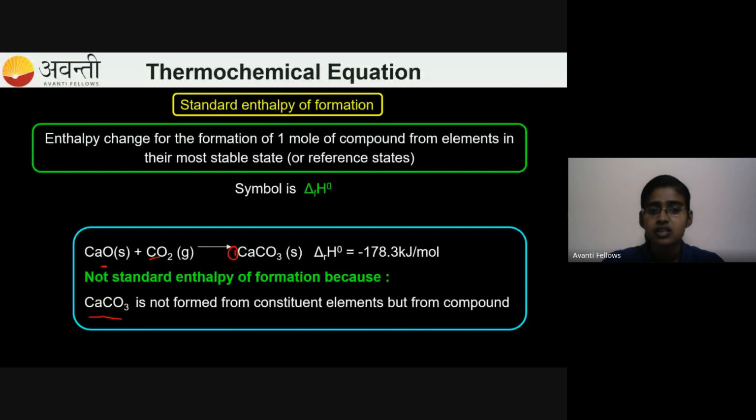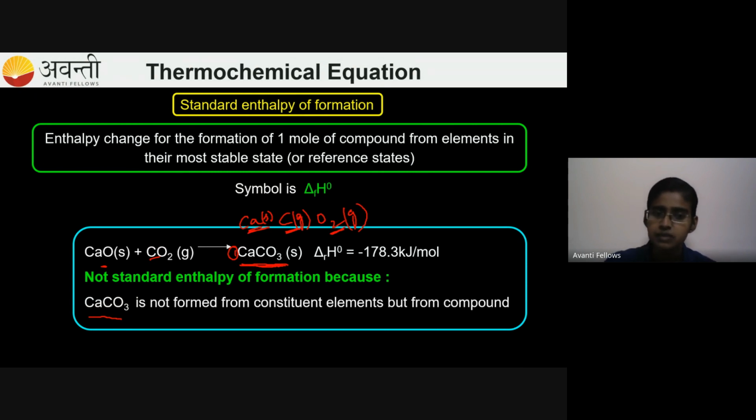The constituent elements present in calcium carbonate are calcium, carbon, and oxygen. The standard state of calcium is solid, for carbon it is graphite, and oxygen should be in gaseous form.